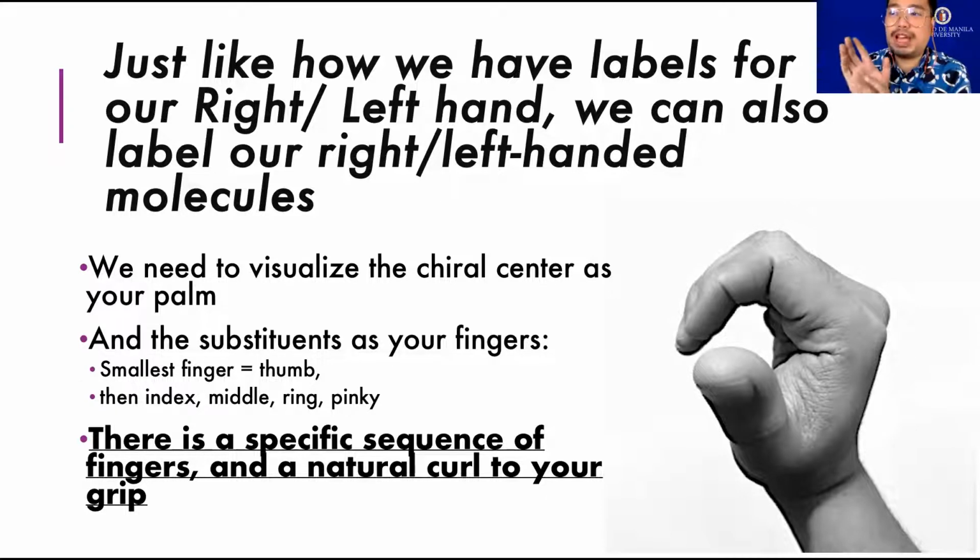The same way that we give names, we particularly have a name for this hand, we call it the right hand, and this hand, we call it the left hand. And depending on you, they have certain functions each. So the same thing has to happen with our molecules: each chiral center will be designated as a right-hand or a left-hand molecule.